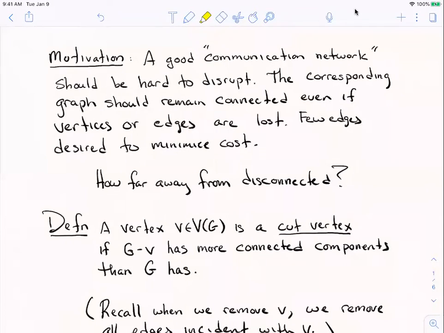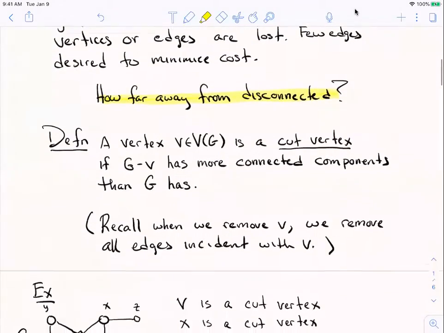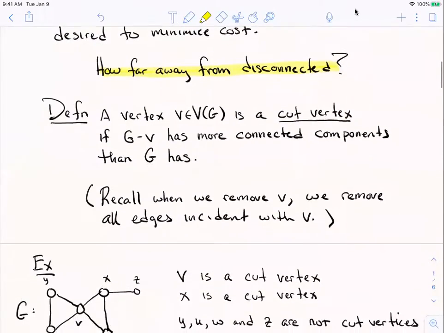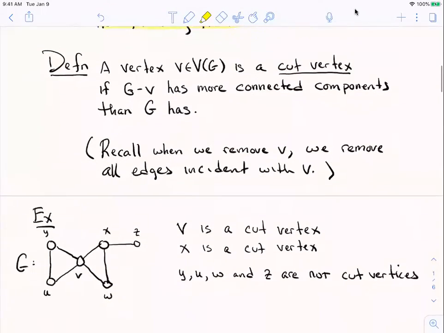So in other words, in many interesting contexts where you're building these communication networks, you're generically interested in this question: how far away is your graph from being disconnected? How many vertices and edges could go down before we wouldn't be able to communicate with each other anymore? All right, so that's just a real quick motivation for why people would start thinking about such notions.